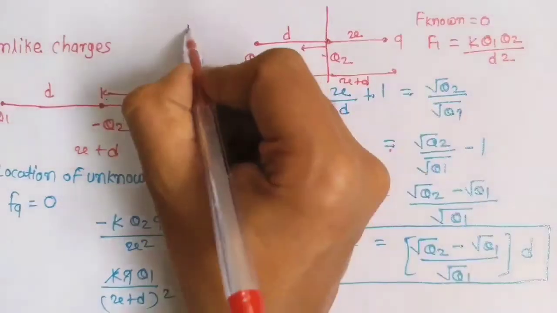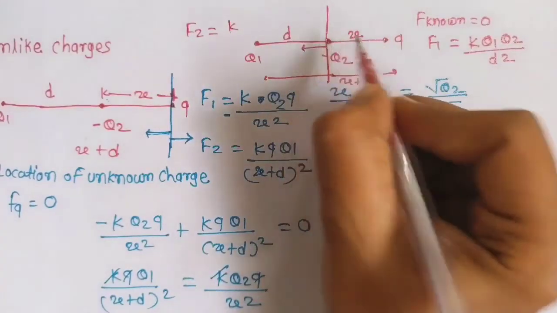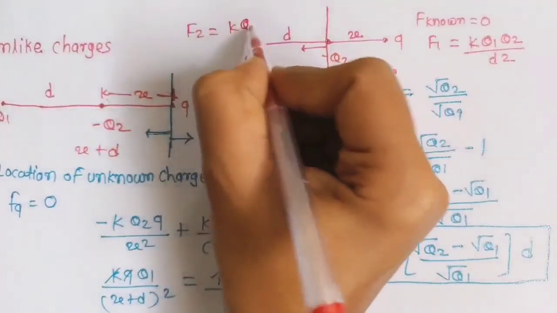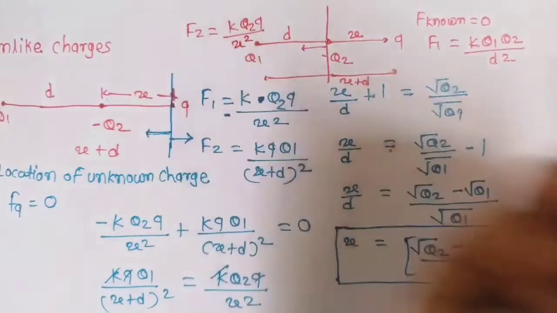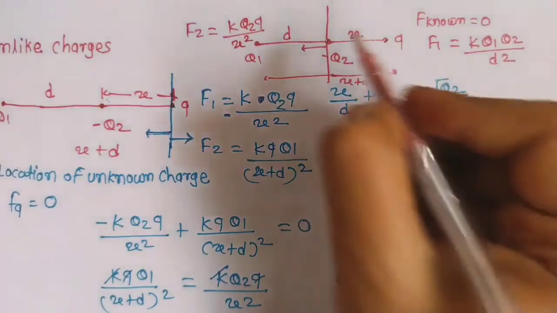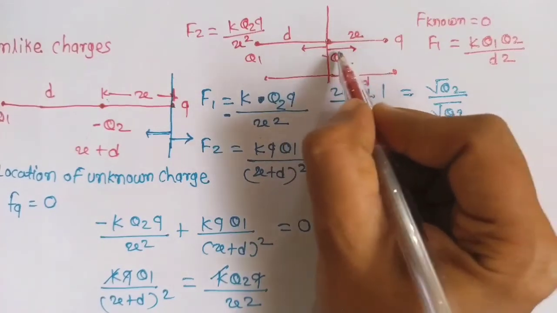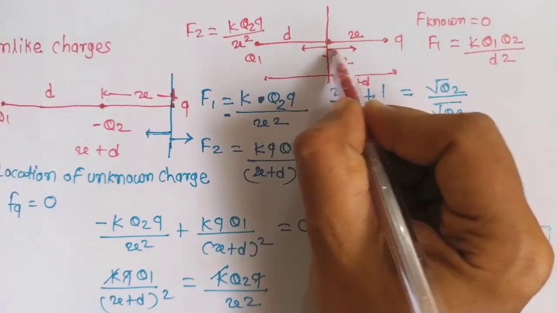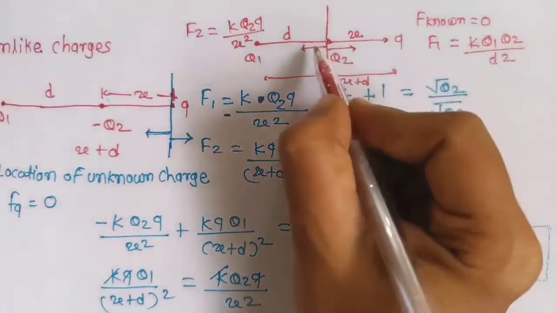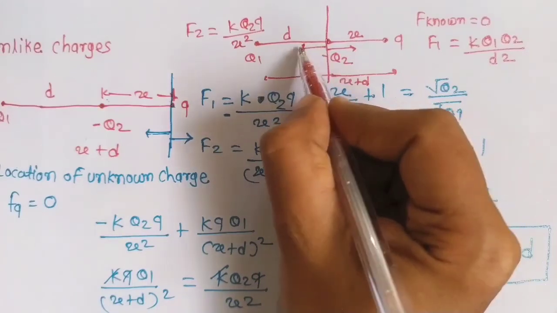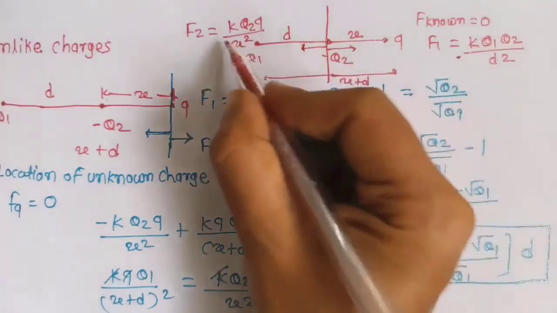Similarly, we find F2 is equal to k Q2 Q upon the distance between them, x square. Both charges attract each other and the direction is towards the charge. Therefore, this F2 is in the right hand direction, so it is positive, and this F1 is negative because it is in the left hand direction.